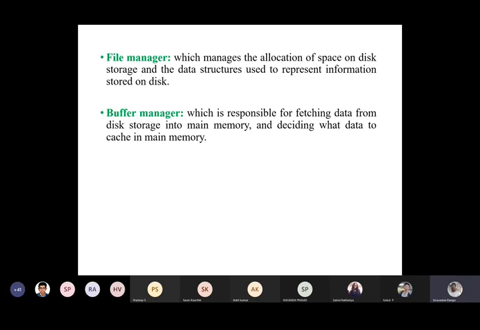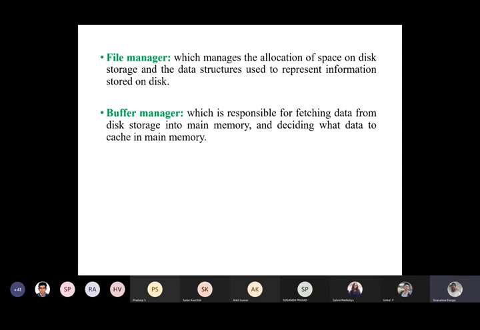The next component in the storage manager is the file manager. It manages the allocation of space on disk storage and the data structures that are used to represent the information stored on the disk. So the file manager identifies the data structure that is used to store and represent the data, and it also deals with the allocation of space on disk storage.